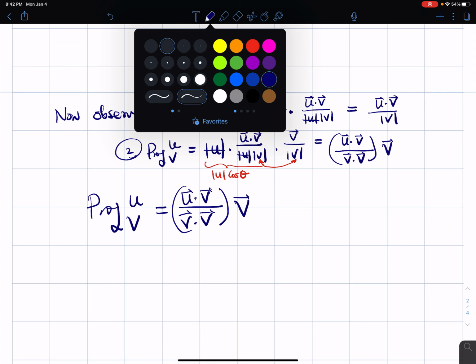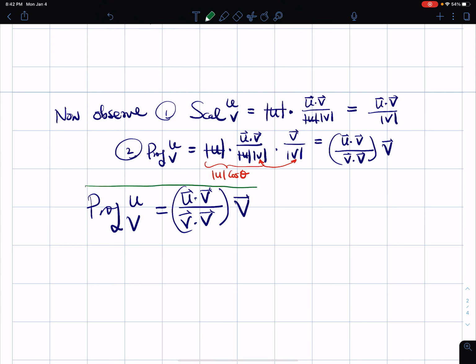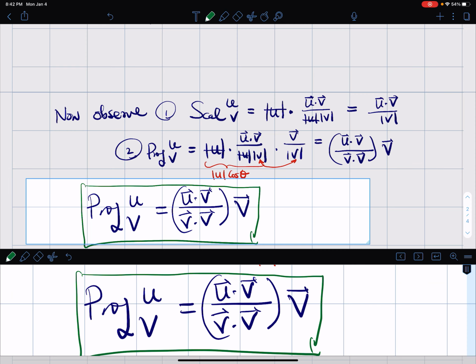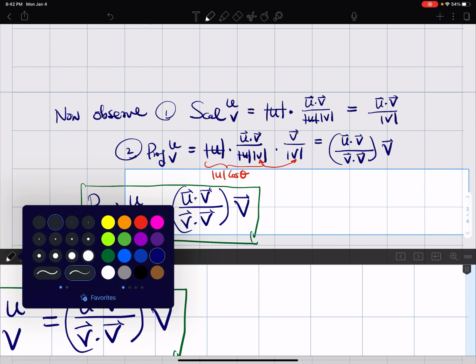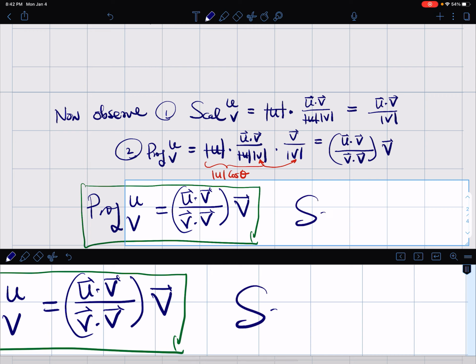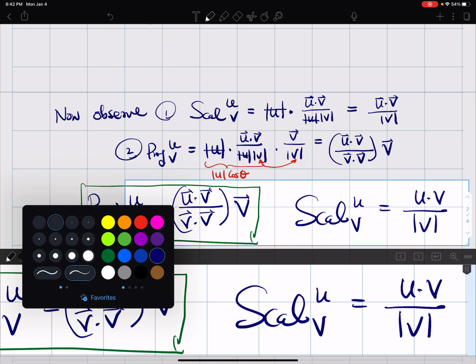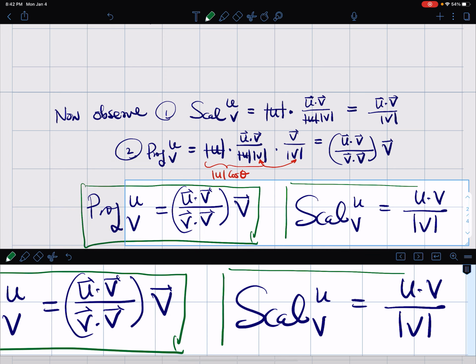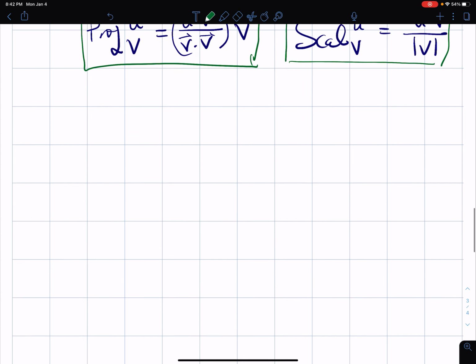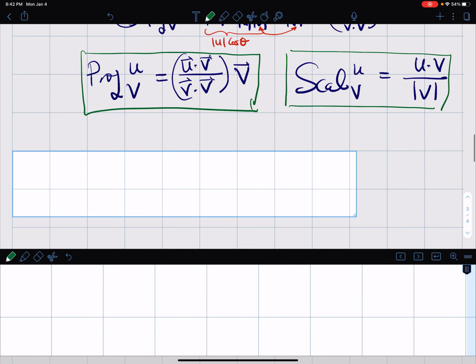And the scalar component of u along v is u dot v over magnitude of v. Okay. Let's do some examples.